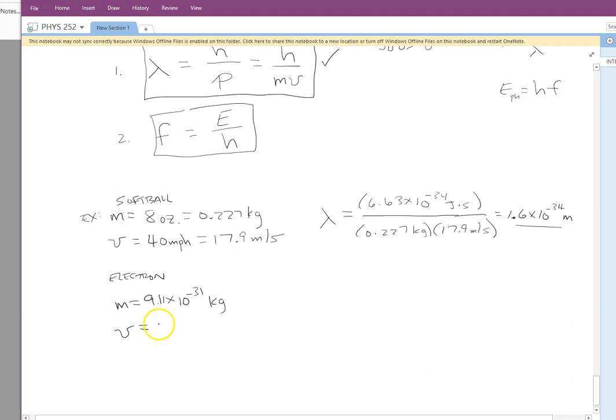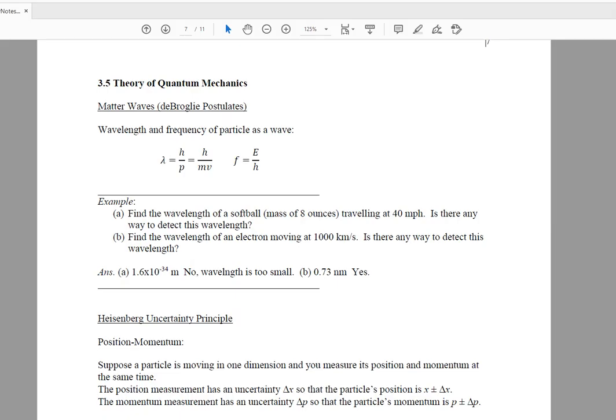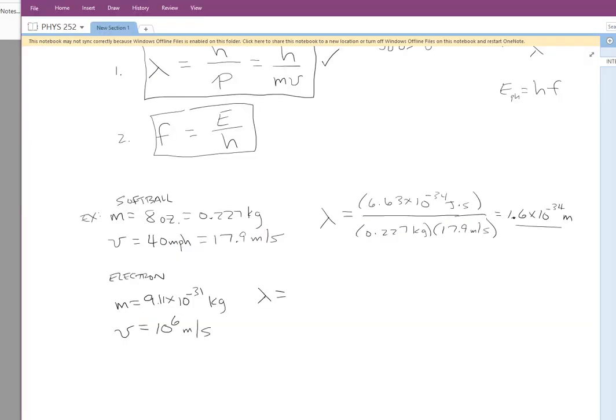Okay, but we can definitely get electrons moving like that without too much trouble by accelerating them with electric fields. Okay, so look, you do the same calculation, right? You're doing the exact same thing, h over mv. What you'll find out when you put these numbers into your calculator, you'll get about 0.73 nanometers.